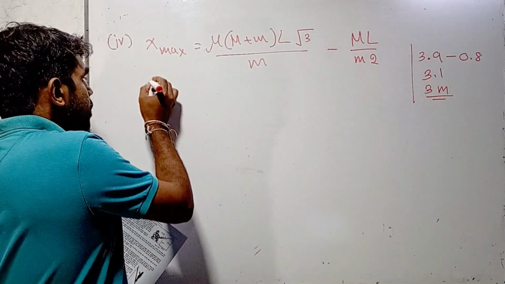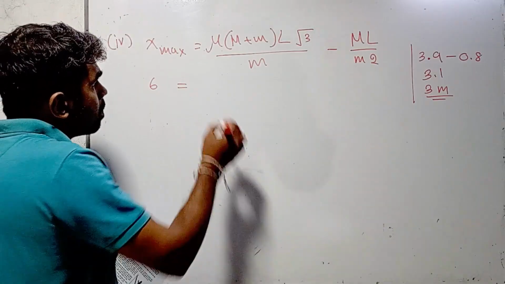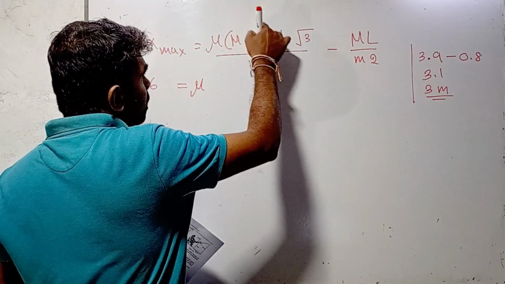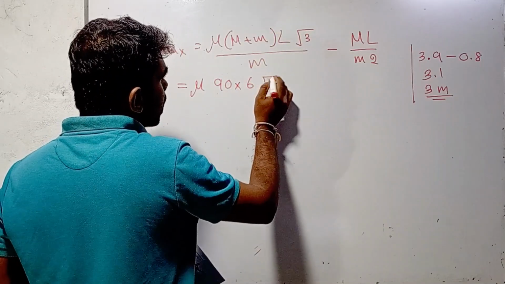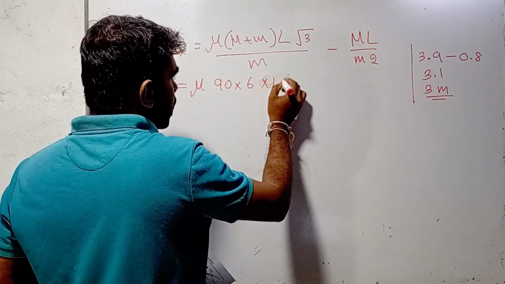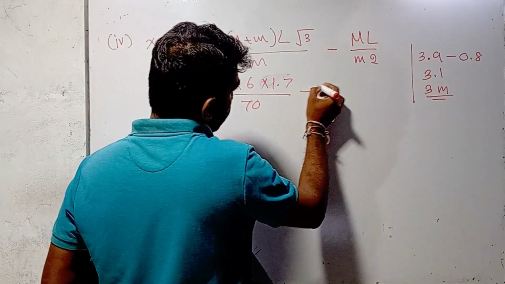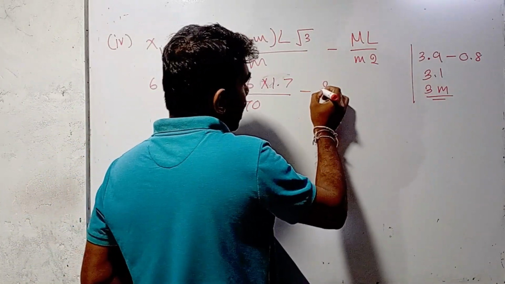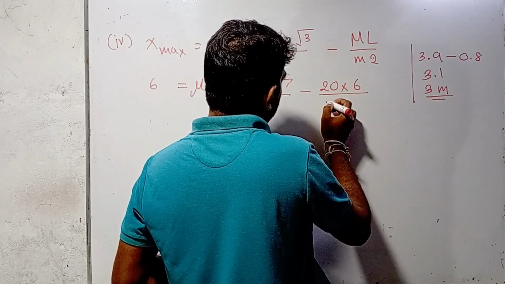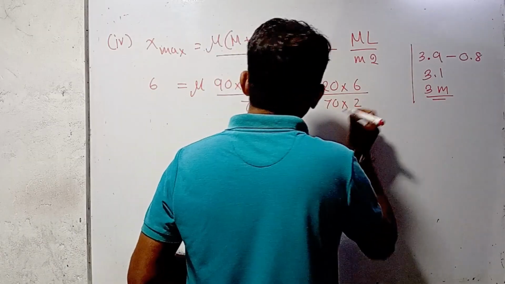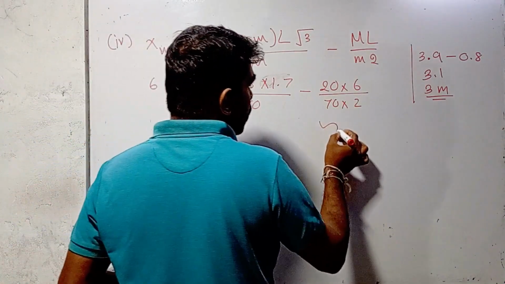Then part 4. Now x max value is given as 6. Mu is the unknown. 70 plus 20, 90. L value 6. Root 3 value 1.7. Divide by simple m 70, mass of firefighter. Capital M 20. L 6. Divide by simple m 70 into 2. Again the value of this one is 0.8.